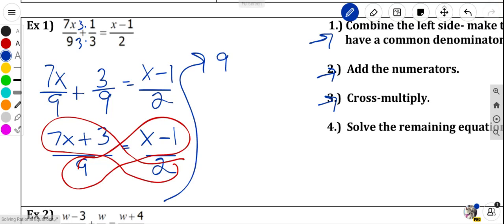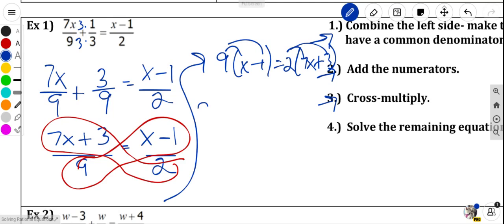I'm going to finish this over here on the right-hand side. So I'm going to have 9 times x minus 1 equals 2 times 7x plus 3. From here you have to distribute both of them. Sorry, this is so squished. So then we have 9x minus 9 equals 14x plus 6. Now that we've successfully cross multiplied, we're going to do step 4, which is solve the remaining equation.